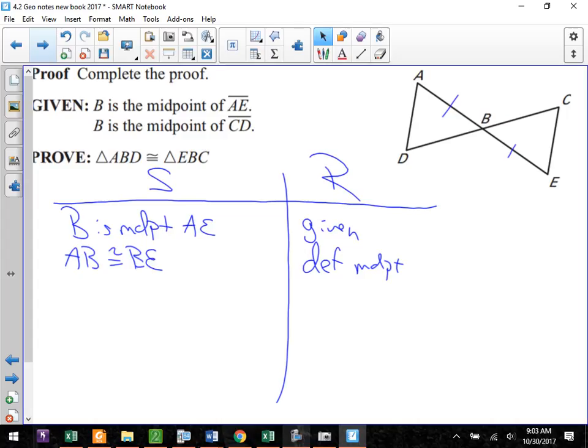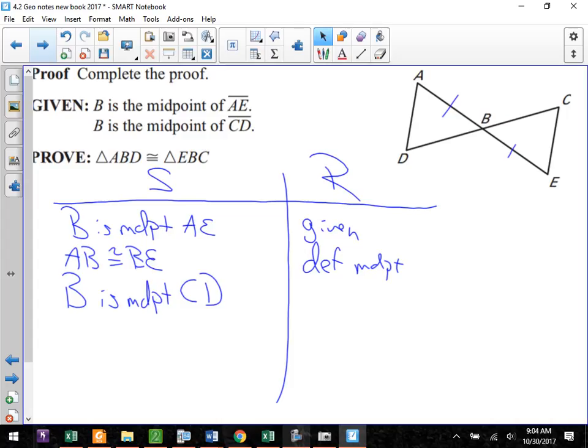Go to the next part. I've already used up everything in that given statement, and I went through it. The next thing says, B is the midpoint of CD. So you write it down. If that's the midpoint now, go to the diagram.